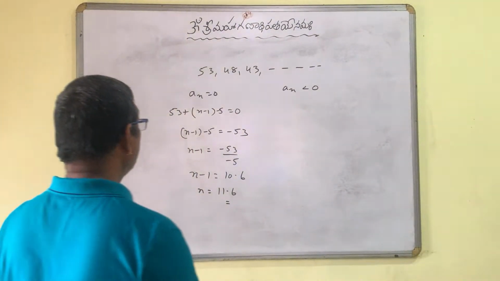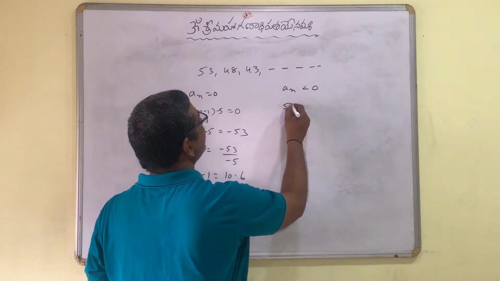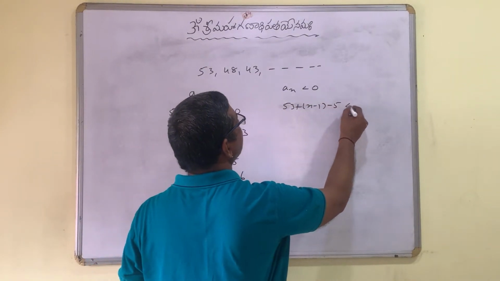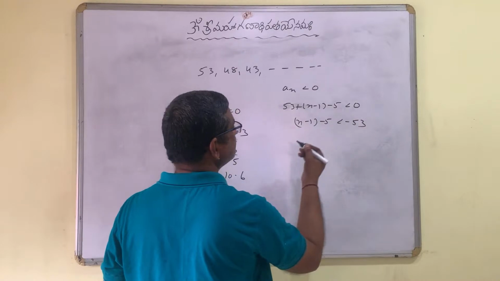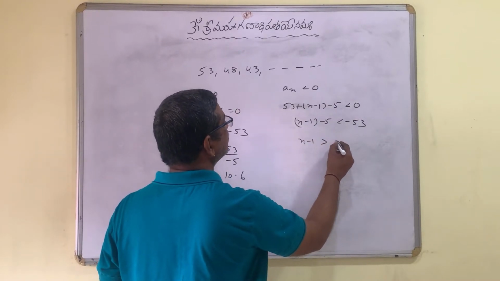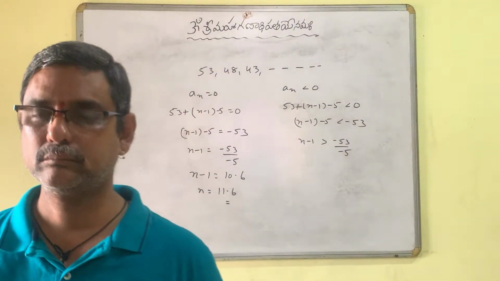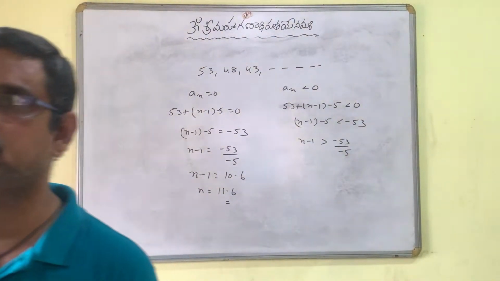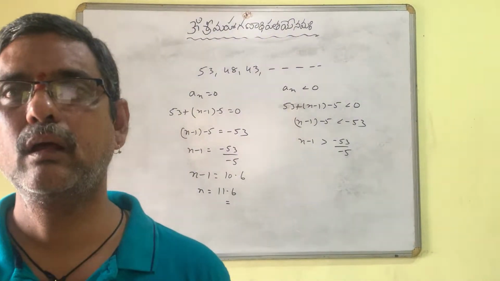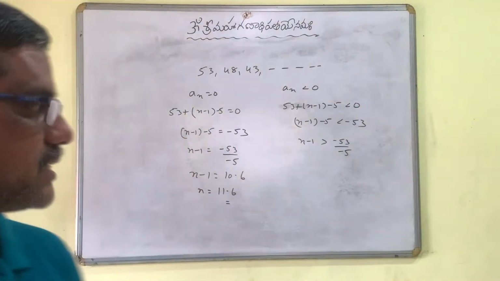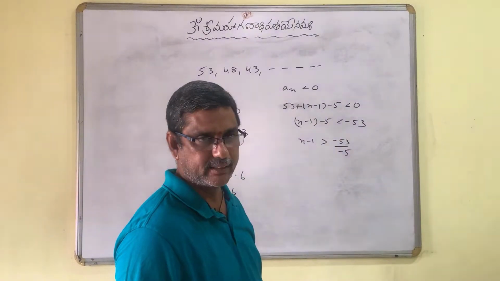Okay, now what do we get at the end here? 53 plus (n minus 1) into negative 5 is less than 0. (n minus 1) times negative 5 is less than negative 53.